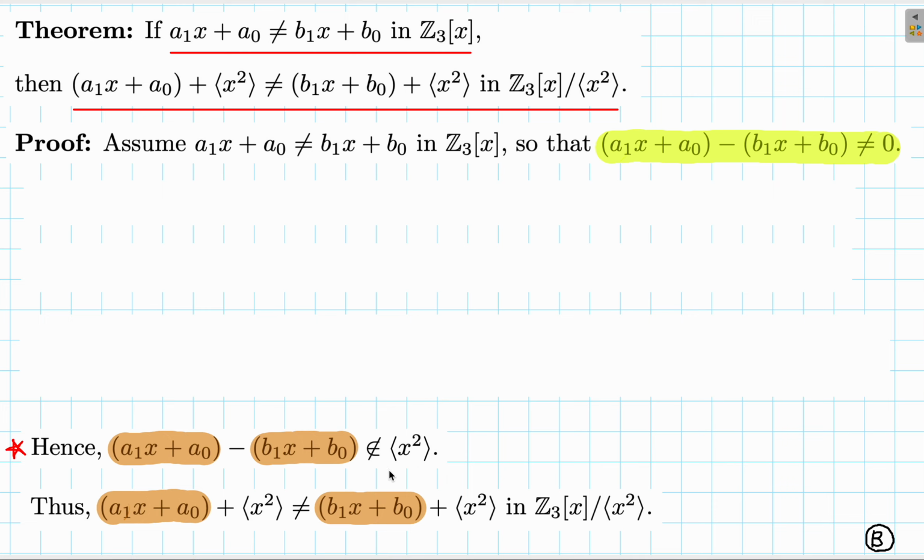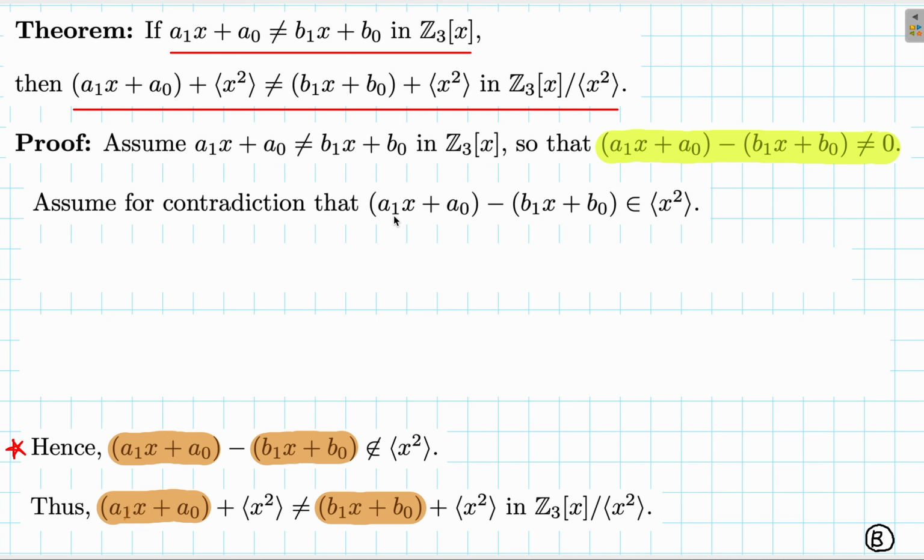So let's proceed by contradiction. In other words, we will assume for contradiction that this difference is contained in bracket x squared. And then we'll derive some sort of a contradiction from that assumption.